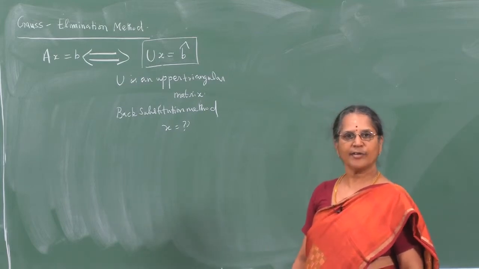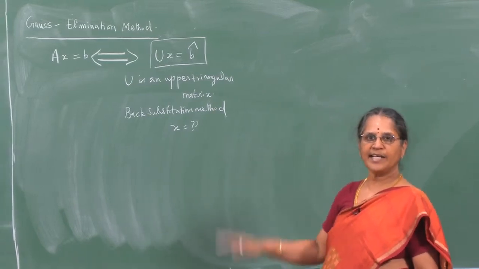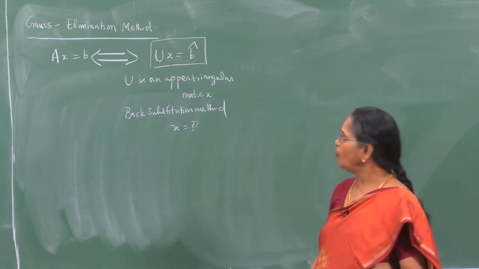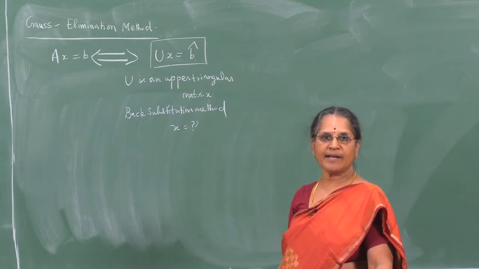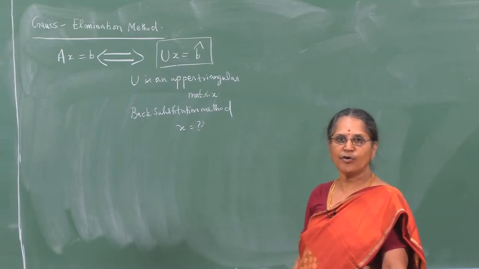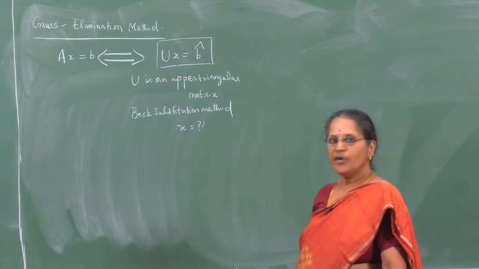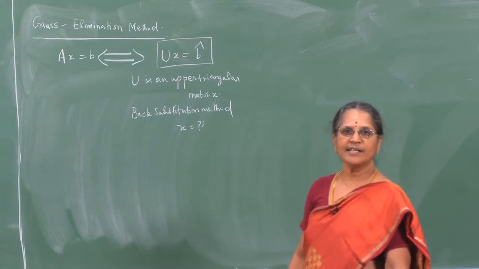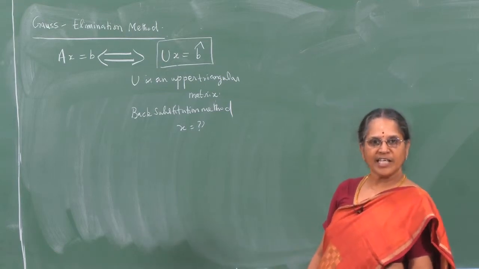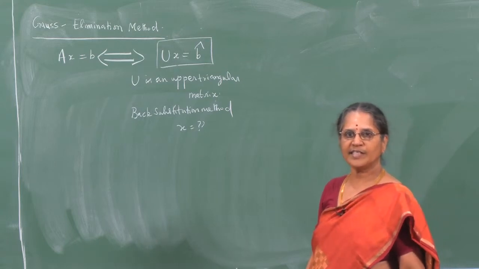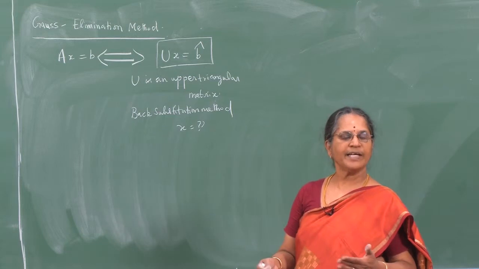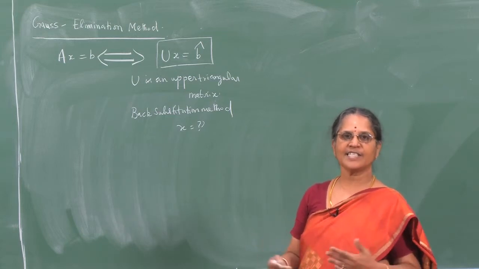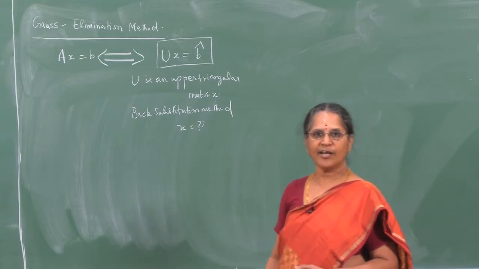So, let us try to understand Gauss elimination method and see how a matrix A can be reduced to an upper triangular matrix using elementary row operations. So, we shall illustrate the details by taking a system of three equations in three unknowns. It is easier to understand. The method works in the same way for a system of n equations in n unknowns.